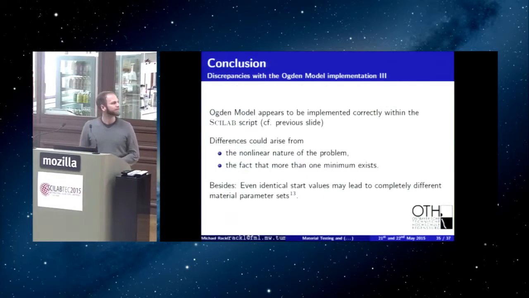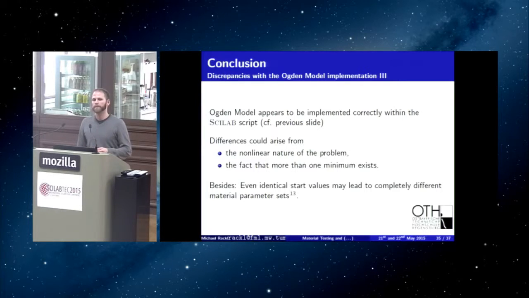Now, so the Ogden model appears to be correctly implemented. And the differences we saw in the material constants between ANSYS and our Scilab script, we believe they are just a result of the nonlinear nature of the problem. So the polynomial model as well as the Yeoh model, it's just a linear optimization, so you have to end up with the exact same result.